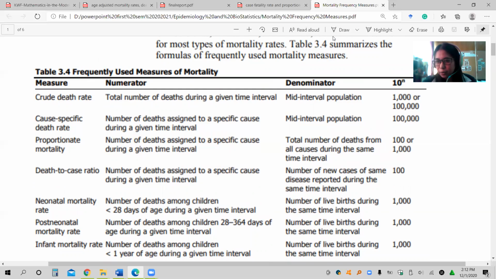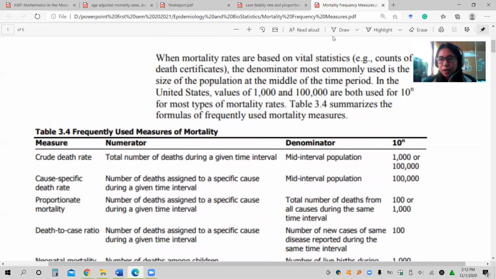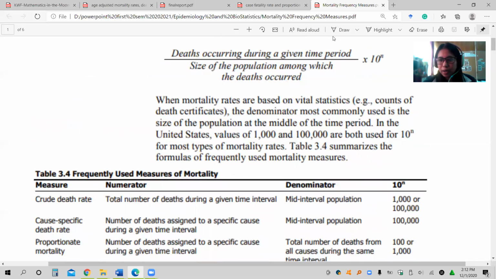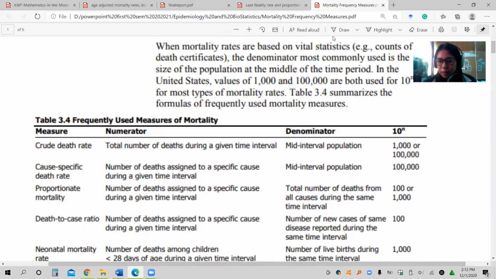So as you observe here, there is also a need to multiply it by 10 raised to n. So it depends on you later if you're going to multiply it by 1,000 or by 100,000, as long as you are going to indicate that that is per, for example, 1,000 or 100,000 cases.